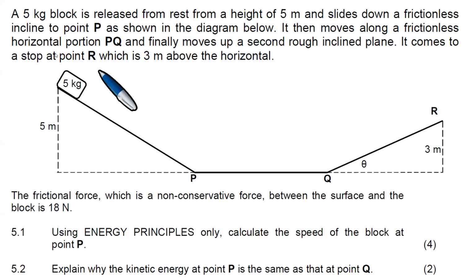It then moves along a frictionless horizontal portion PQ and finally moves up a second rough inclined plane. It comes to a stop at point R, which is 3 meters above the horizontal.